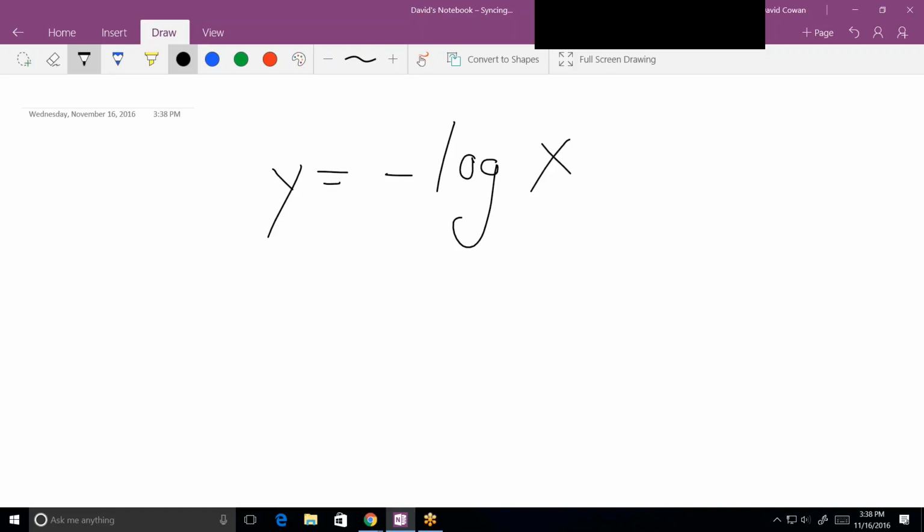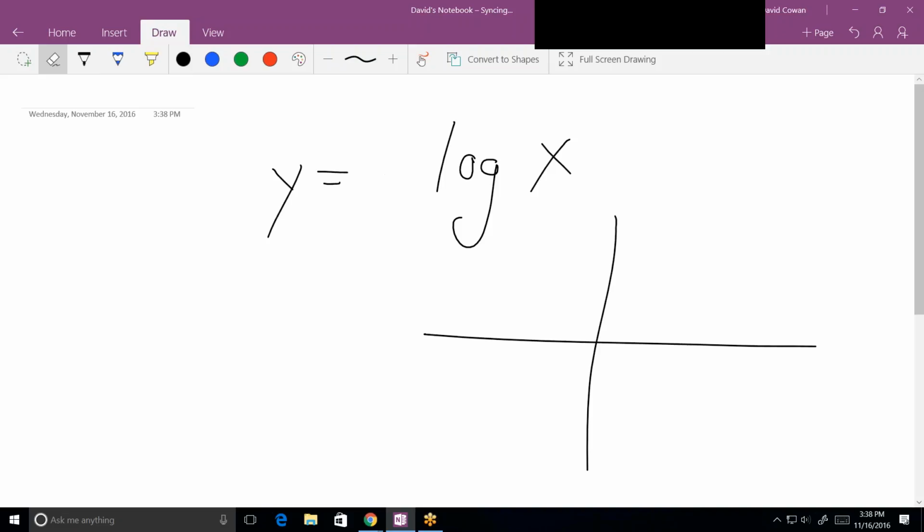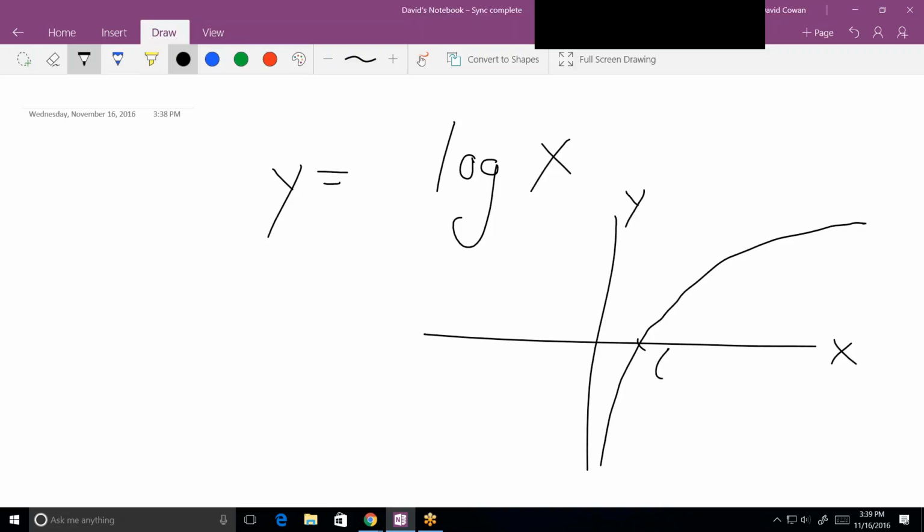Let's look at the log curve. For a moment, let's take away that negative sign. Here's what the log curve looks like. This is x, this is y. This point right here is the same regardless of what base we're using.